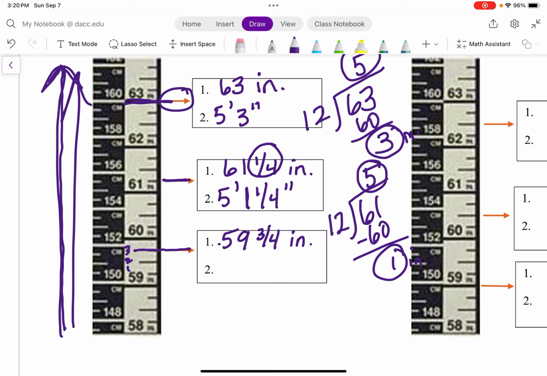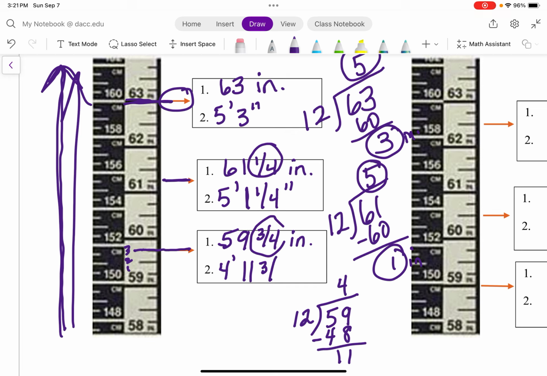Okay, now we've got to do our math once again. So 59 inches divided by 12. And it's not quite 60 for 5 feet. So it's going to be 4. And then we've got 11. So this is 4 feet, 11 inches. But again, don't forget the little dude up here, 3/4 inches.